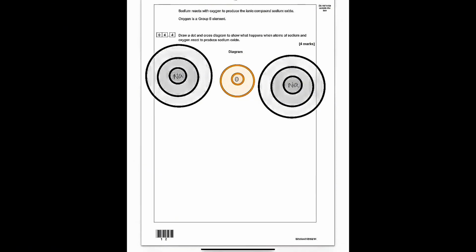So I know that sodium is in group 1 of the periodic table, and sodium is a metal and it is positively charged. But just remember that the group does not determine the charge for the element. Oxygen has a charge of 2 minus, which I'm going to show you over here.